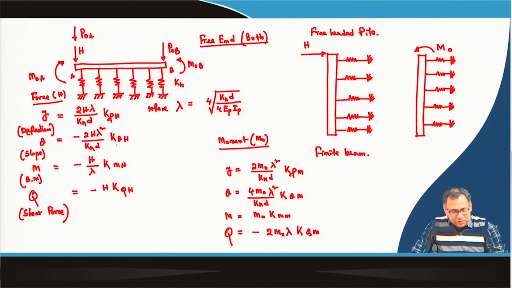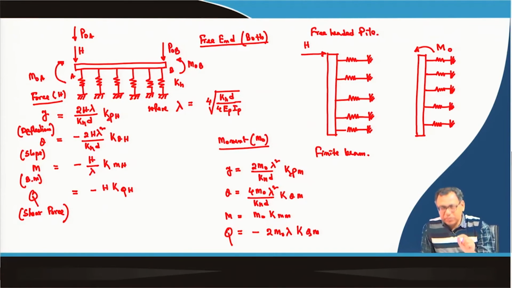So, the slope that develops due to the free headed pile has to be made 0. How will that slope be 0? When we apply an H on a fixed headed pile, a moment will be generated, say M0, so that the overall slope will be 0.